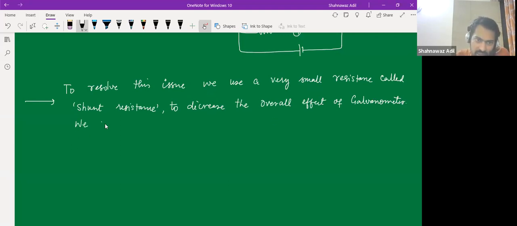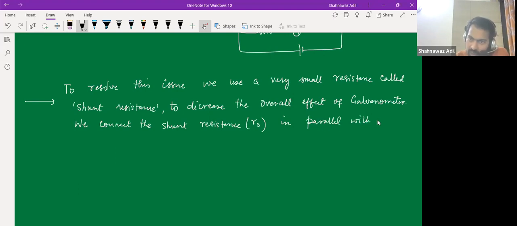We connect the shunt resistance, which is RS, in parallel with the galvanometer.